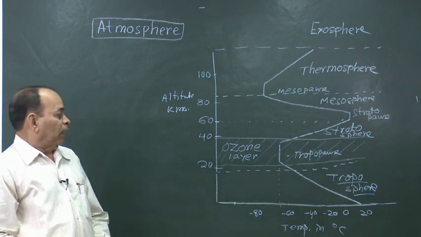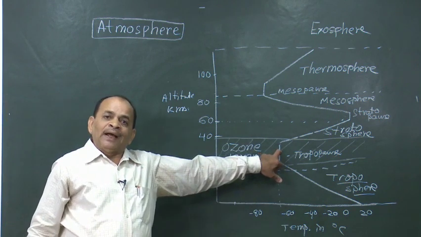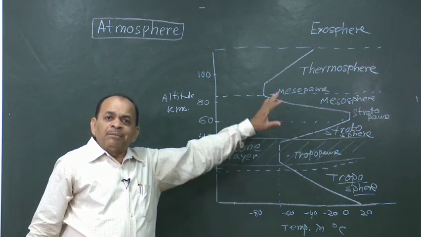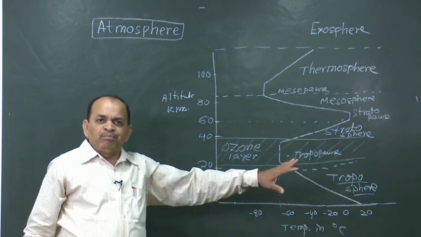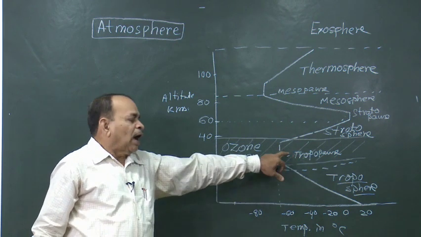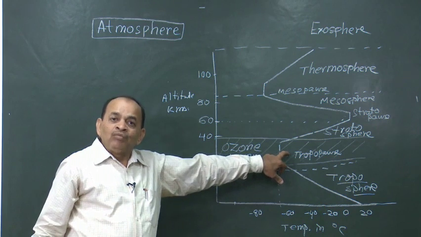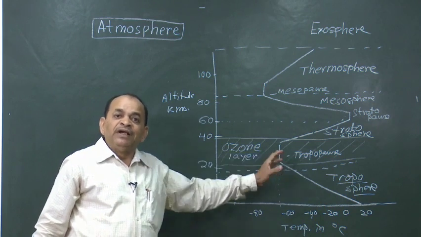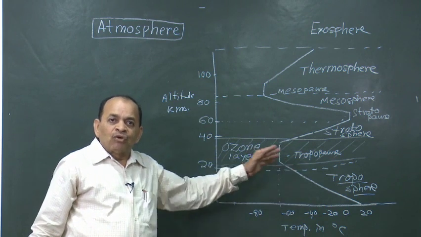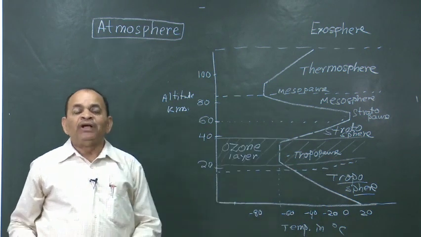So here at the bottom there is the ozone layer, and the radiation coming from the sun includes UV. The ultraviolet rays are absorbed by the ozone layer, so the temperature increases.